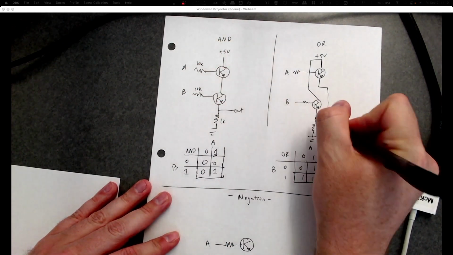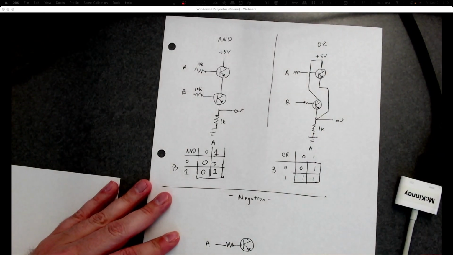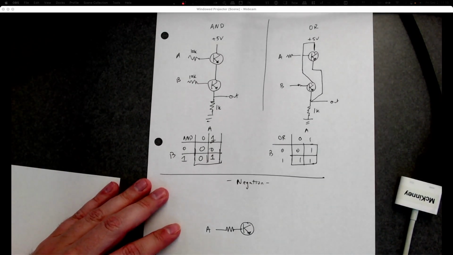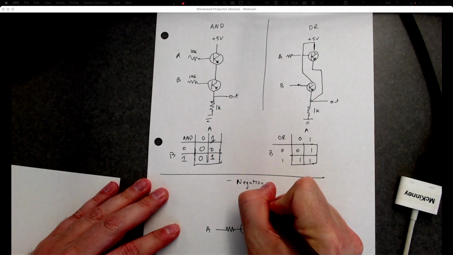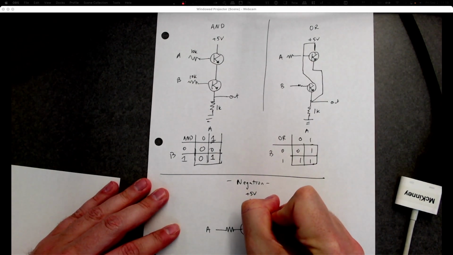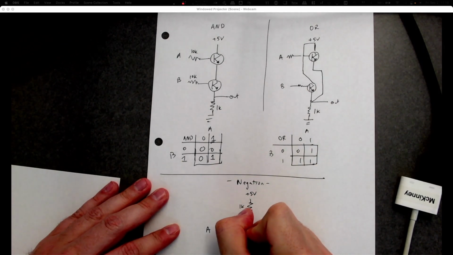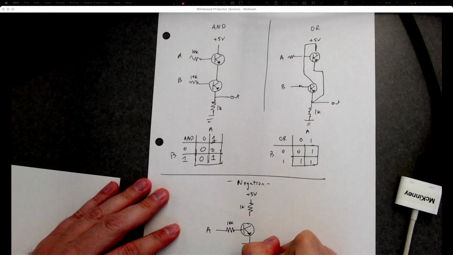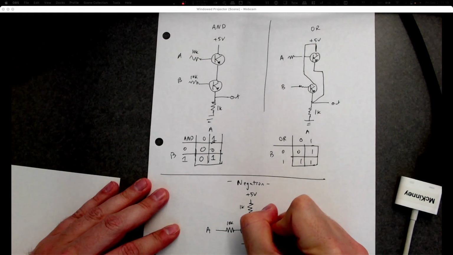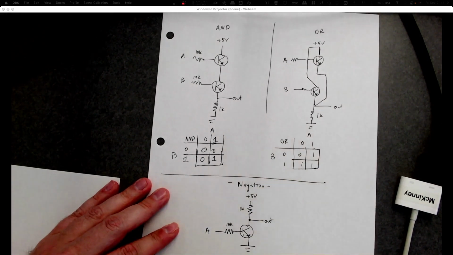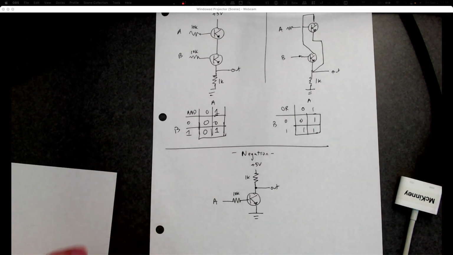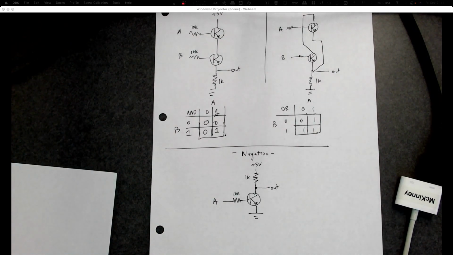We had this 1K resistor that we had to add. I'm going to move it up to here, and then go directly to ground there, and I'm going to move the output to the top above the transistor instead of below it.